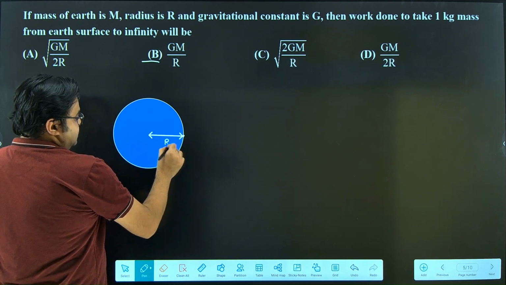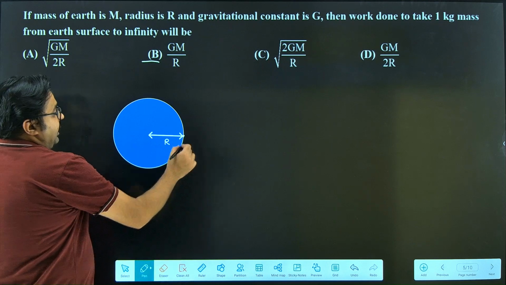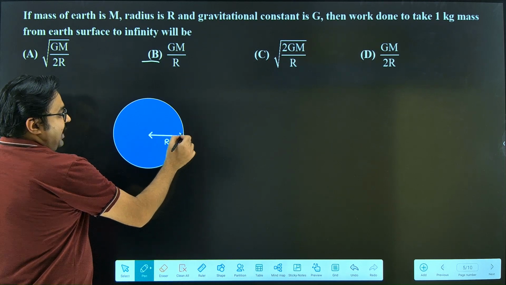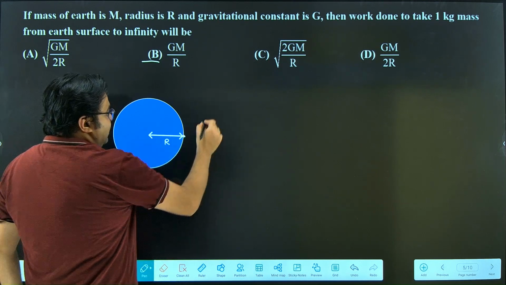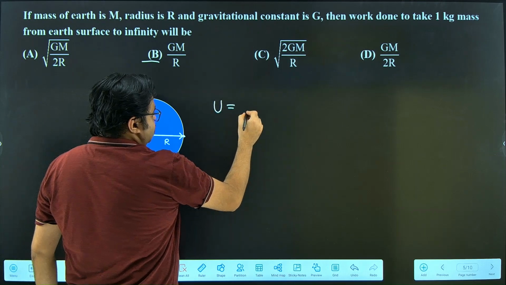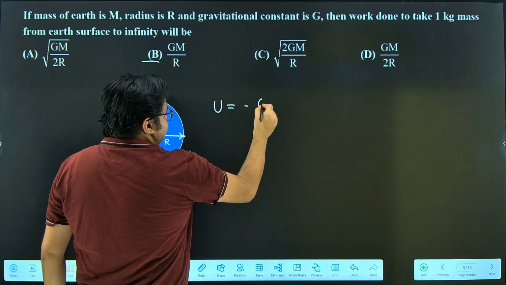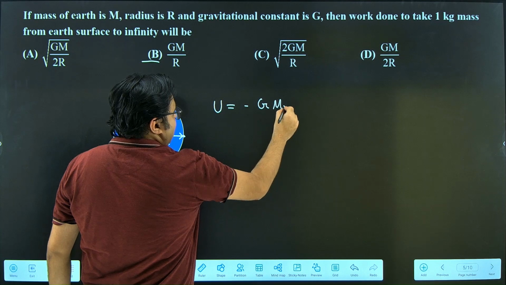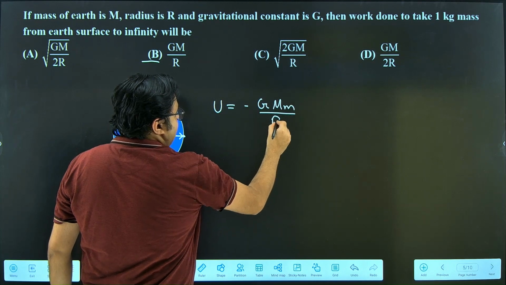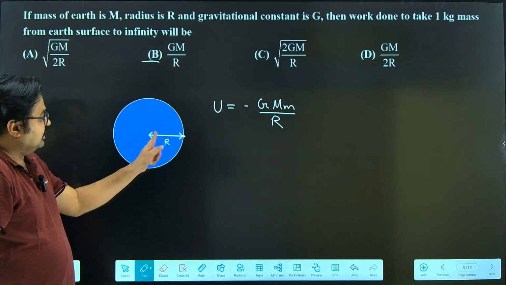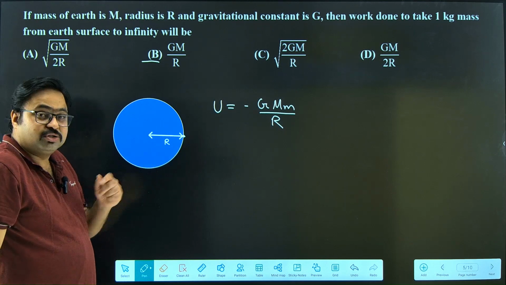If you ask me, sir, what is the gravitational potential energy at that place, I would simply write that U equal to minus G M m divided by r, because r is the distance from the center to the surface.